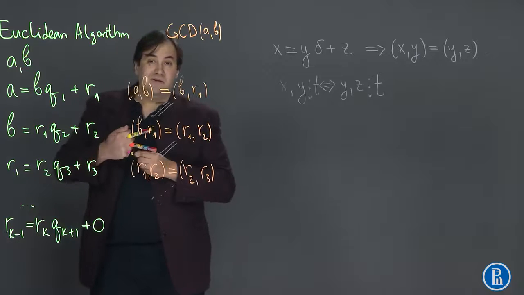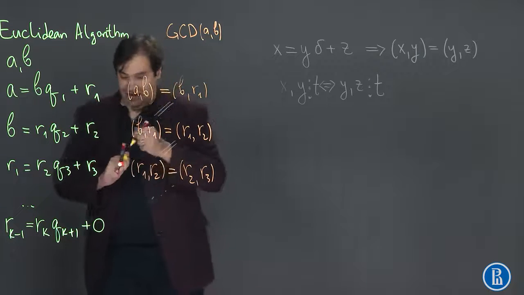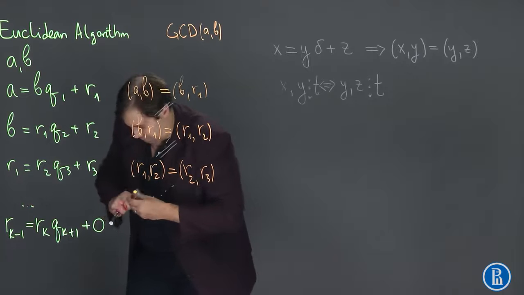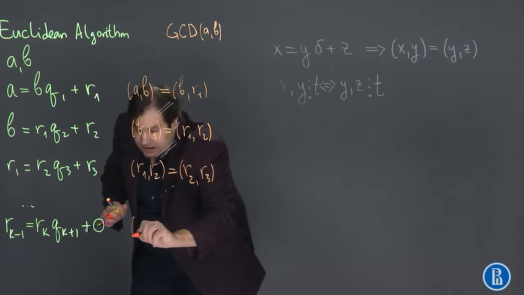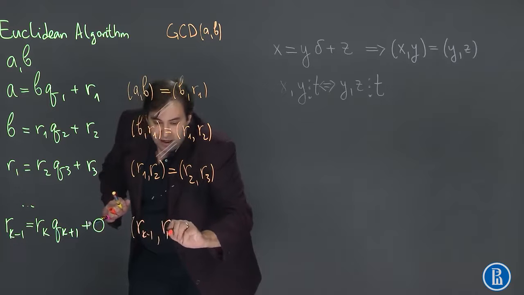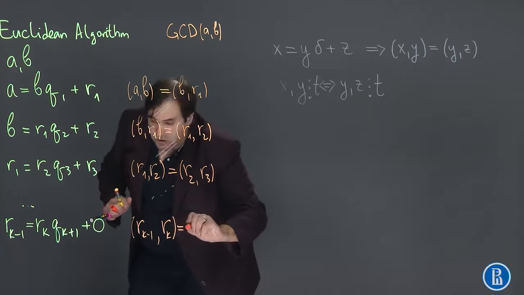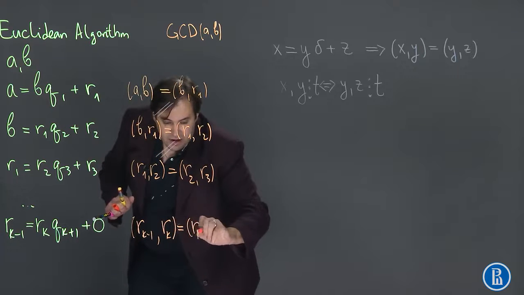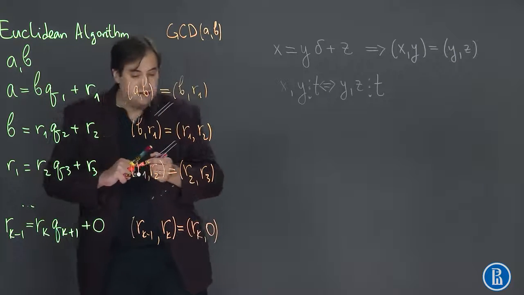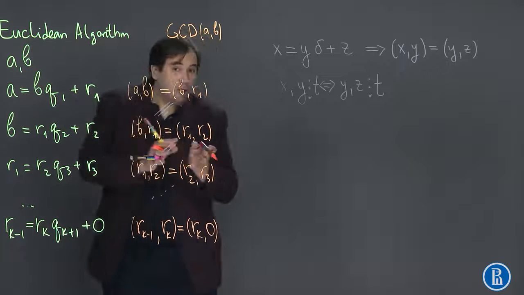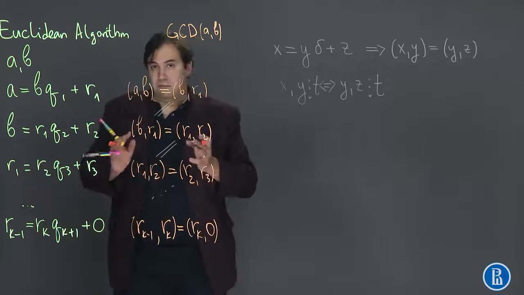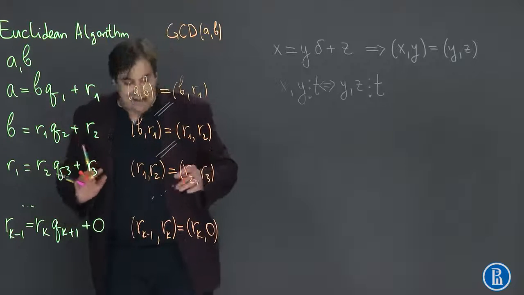So finally, in the end, we will have that the greatest common divisor of R_{k-1} and R_k is equal to the greatest common divisor of R_k and 0, and the greatest common divisor of something and 0 is of course equal to something, because 0 is divisible by any element.